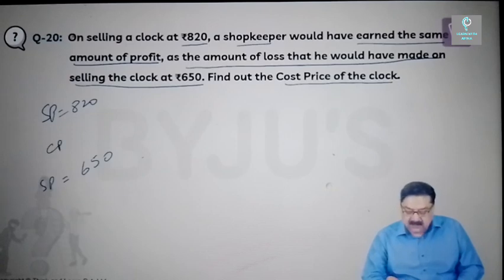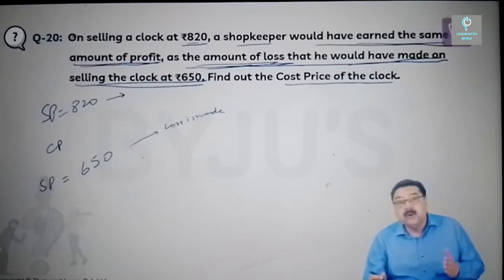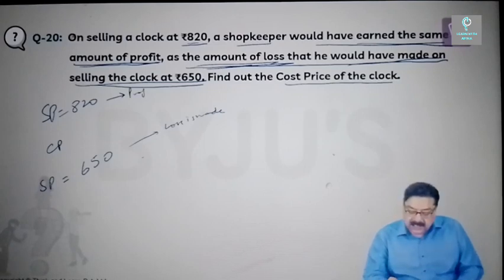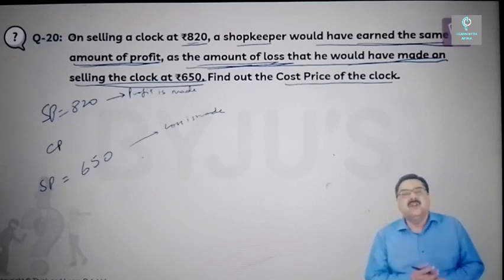So somewhere between this is the cost price. Because on selling the item at 650, loss is made, and on selling the item for rupees 820, he would have earned the same amount of profit. So between this profit and loss, somewhere the cost price of the clock lies.